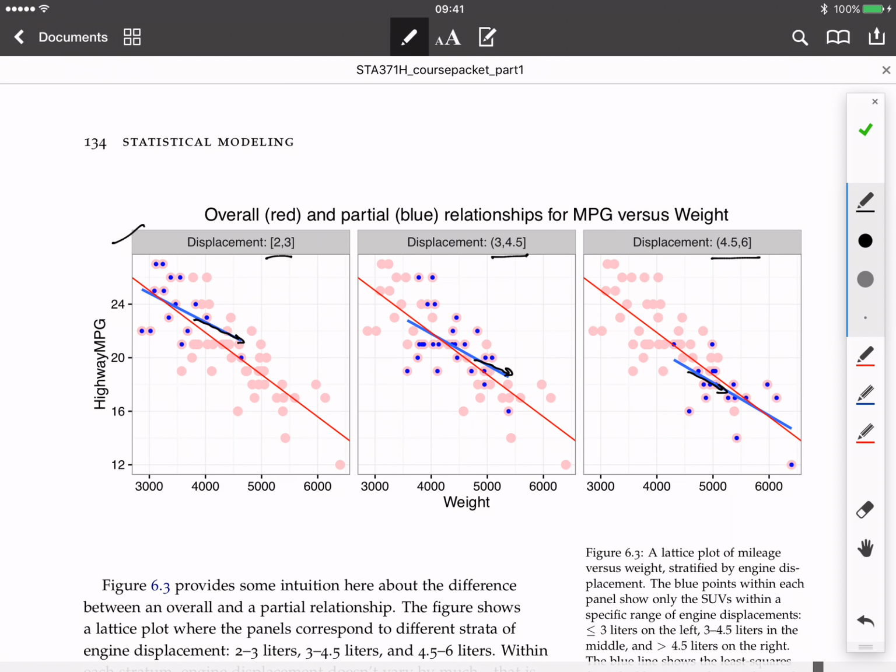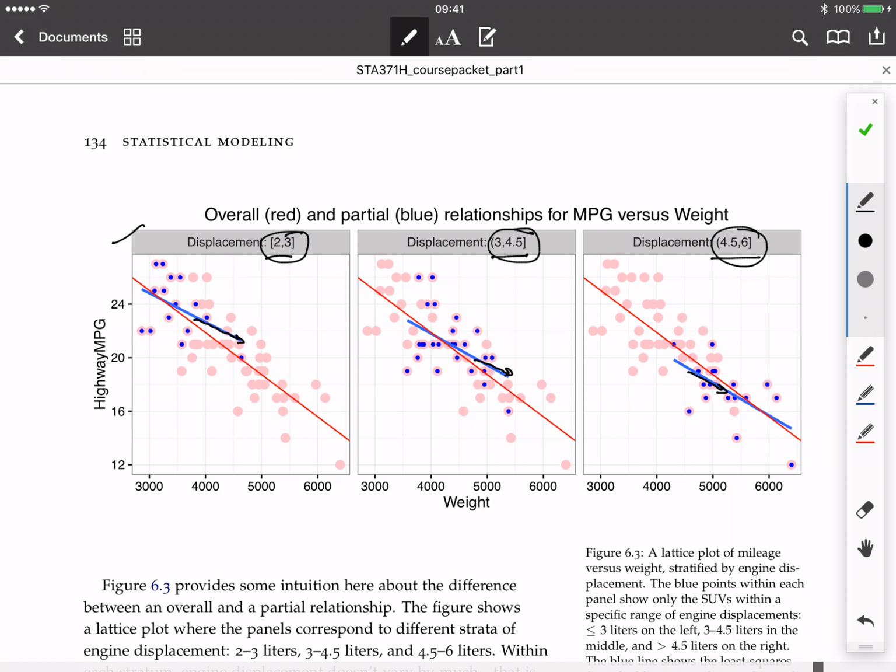And you notice that the partial relationships holding engine displacement constant are much shallower, noticeably shallower than the red line. The blue lines are less steep than the red line. And that's reflecting the fact that as we move up from one category of engine displacement to the other, small engines to medium-sized engines to large engines, yes, engine displacement is changing, but weight is also changing.